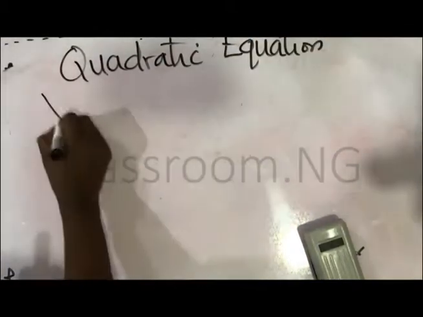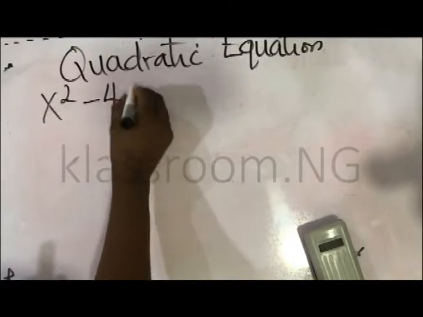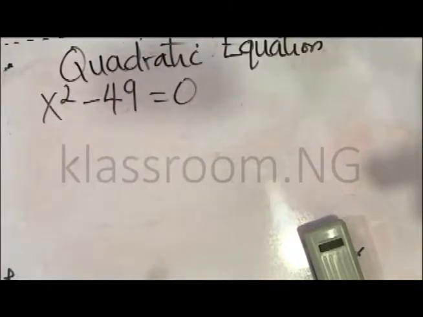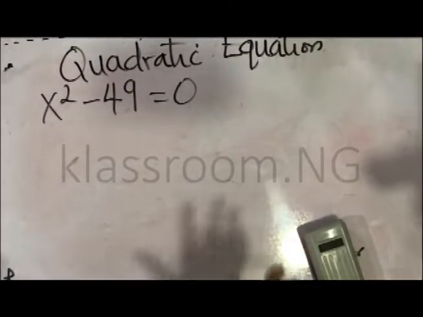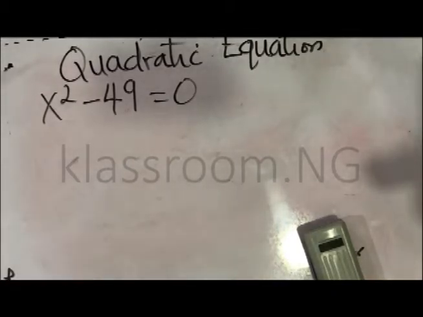So we have x squared minus 49 equal 0. We're going to use perfect square to solve this question. But I'll explain what perfect square is. Perfect square is the square of the same number.